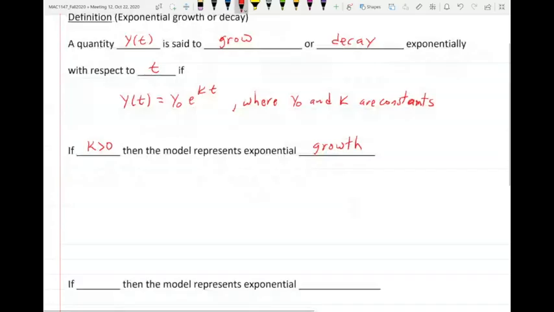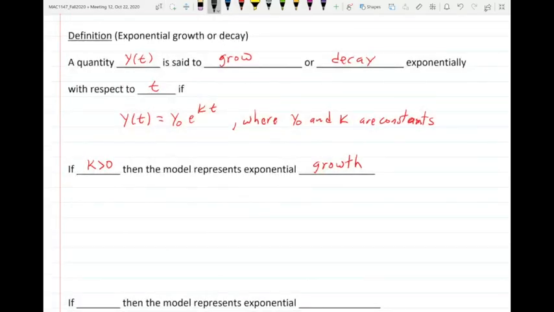And how will it look? In that case, it's going to be an exponential function, and because k is positive, the base is bigger than 1. The initial value is y0, because when you plug in t equals 0, you have e to the 0, which is 1. So that's your initial value, and then it's exponential growth. It's going to look like this.